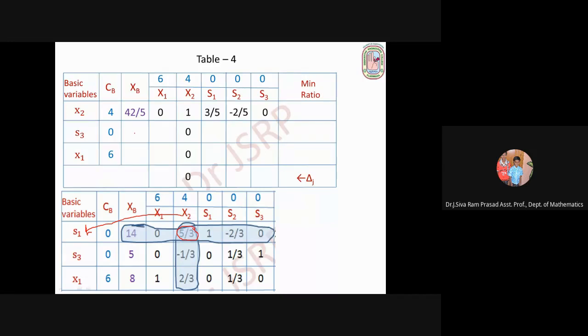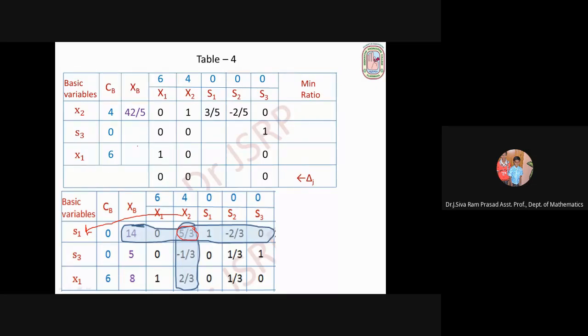Next S3 column: second place 1, remaining zeros. X1 column: third place 1, remaining zeros. So these are the columns corresponding to basic variables.